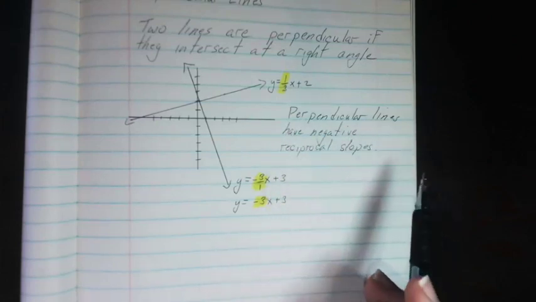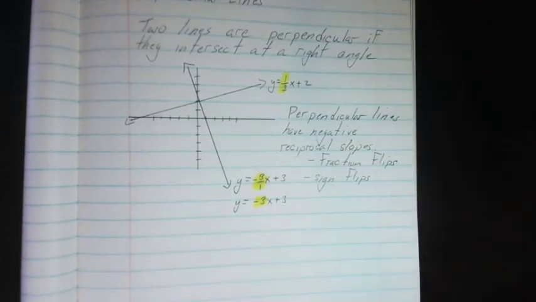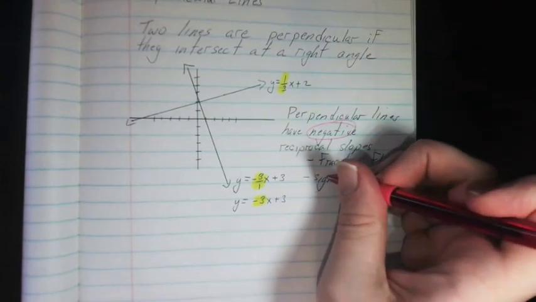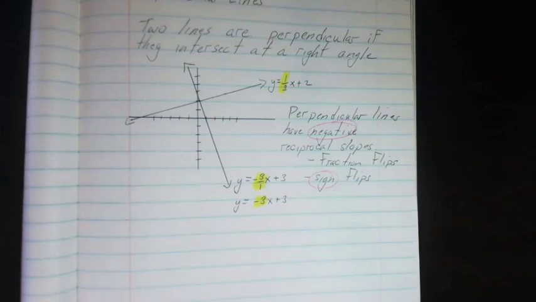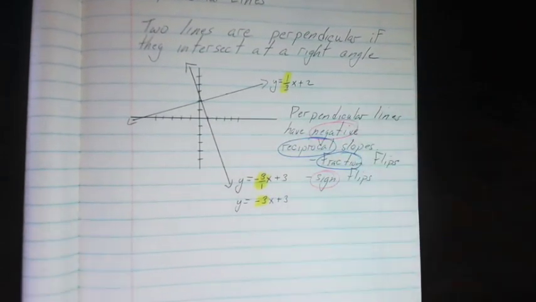Now that's just a fancy way of saying two things happened here, because we have two words going on here that mean two different things. The negative part is talking about the signs, and the reciprocal part is talking about the fraction. Both of those have to happen for us to have perpendicular slopes.